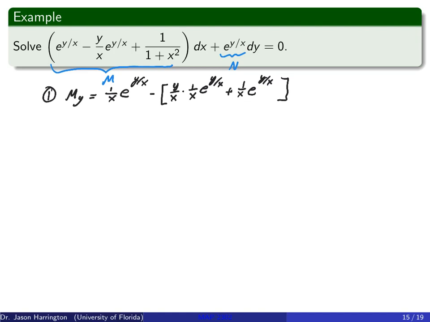Okay, now if we look at this, what we see is that these two terms cancel. And this just leaves us with this middle term here, which is going to be equal to negative y over x squared e to the y over x.